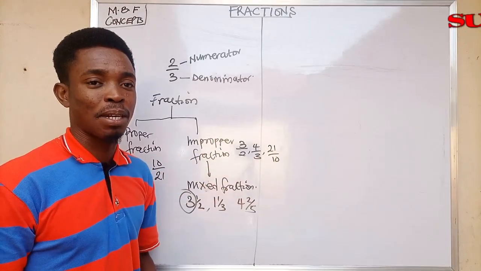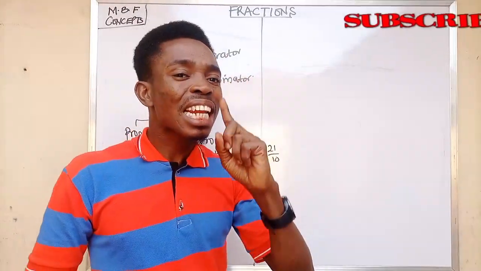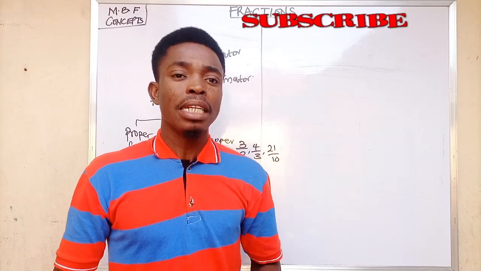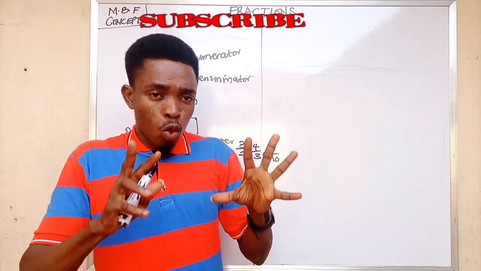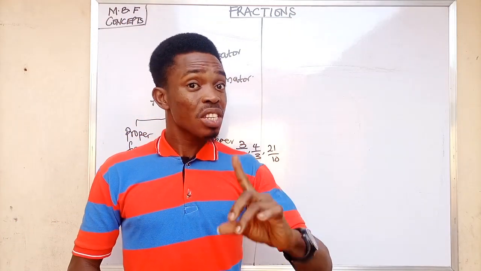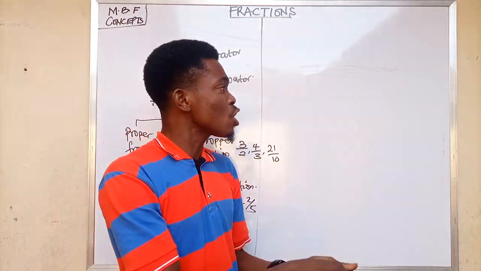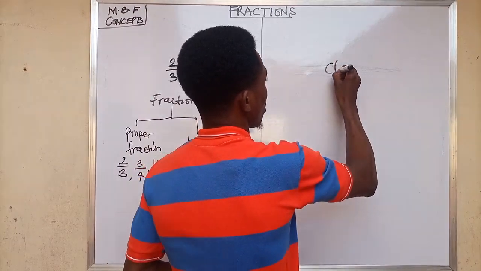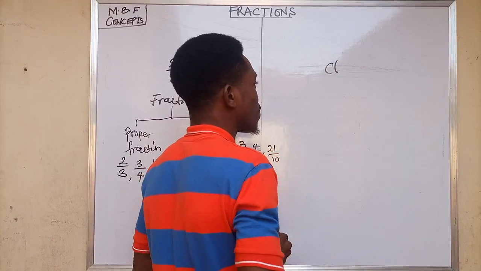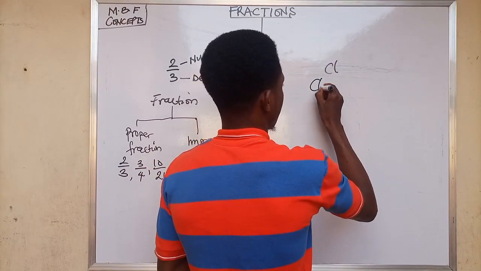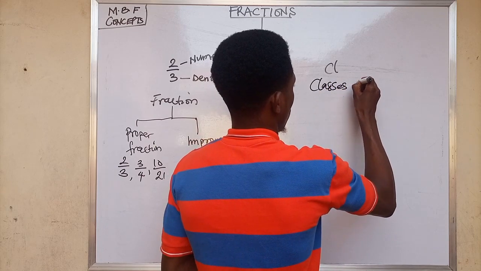Guys, then the next aspect of this is that we have classes of fractions. This is what will enable you to solve problems on fractions effectively. Now, listen carefully. Fractions are divided into 3 classes.